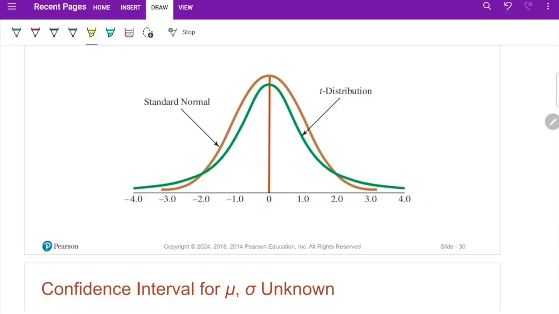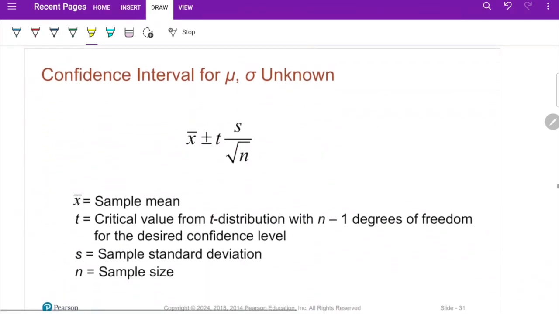Look at the green one, it is the t, and the brown one is the standard normal. And as I said, look at the tails. They have more probability in the tail, more area compared to the brown one. So what is the confidence interval when sigma is unknown?